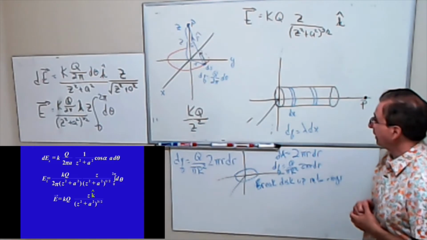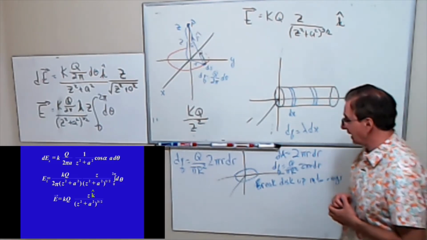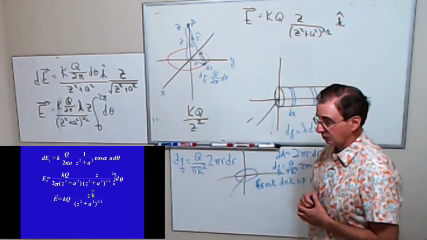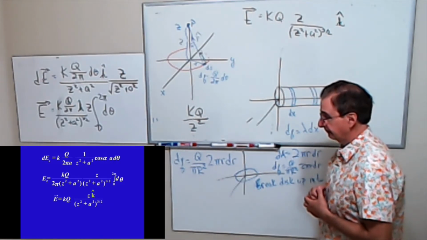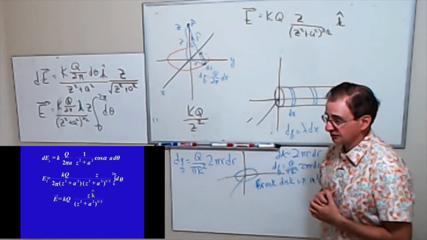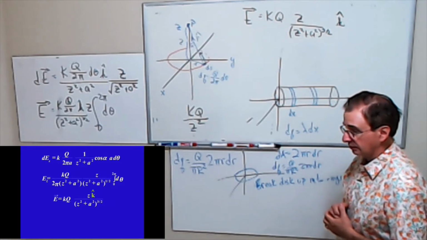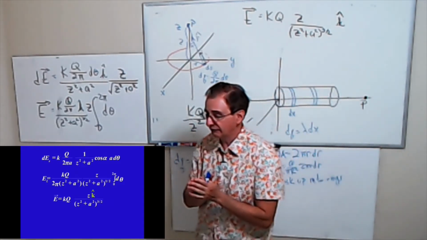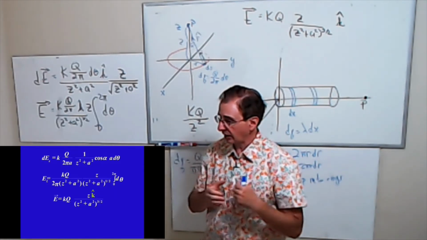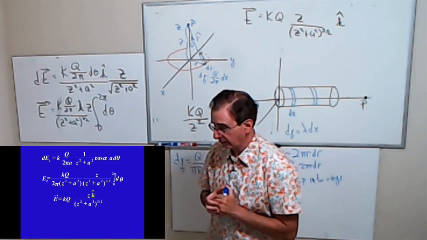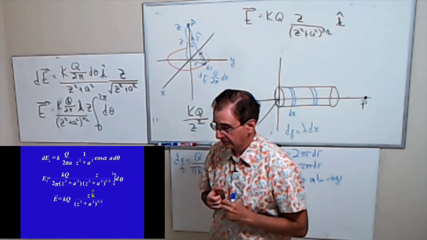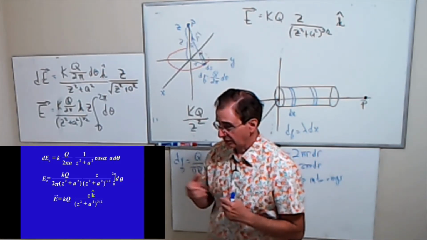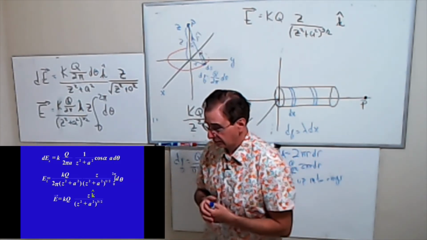Now, suppose that lambda was not constant, let's say the charge density is not constant. The only difference is that whatever function you have, you won't be able to pull a lot of it out of the integral. So in the PowerPoint slide, you can see the integral d theta.